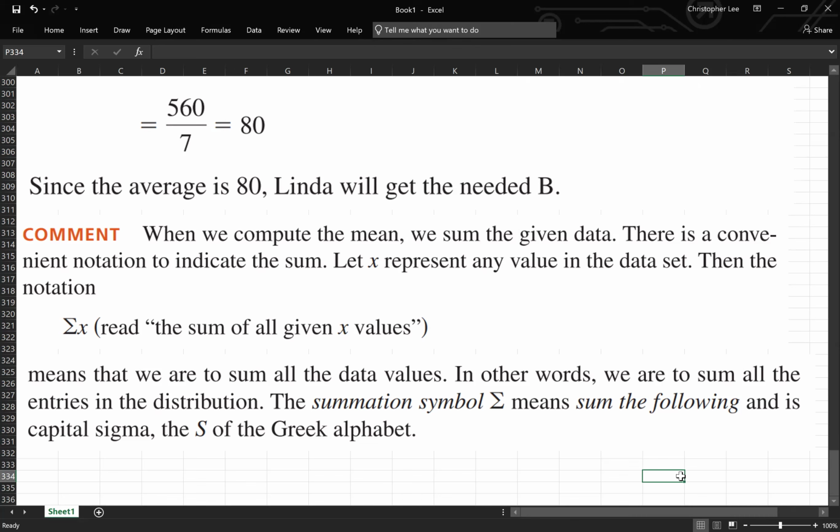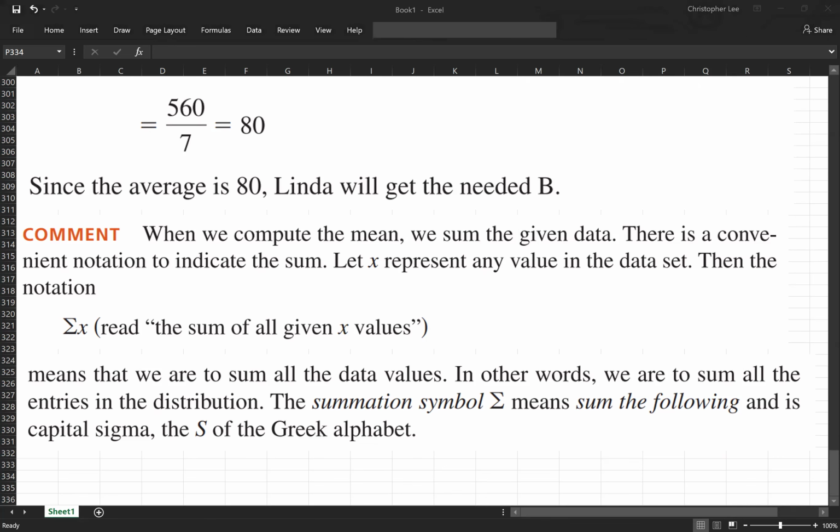In other words, we are to sum all the entries in the distribution. The summation symbol, sigma, means sum the following, and it's capital sigma. That's another thing too. Not only is that S, the way that it looks right there, that is capital S in the Greek alphabet. There is a lowercase s also. But that is capital S in the Greek alphabet. Fun stuff.